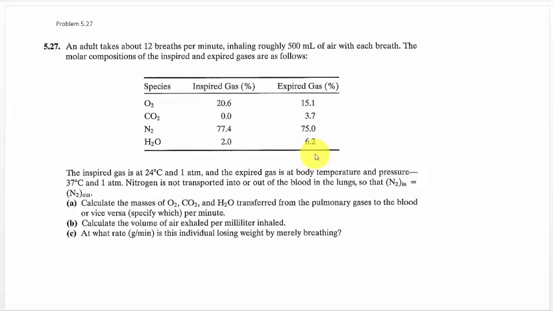Calculate the masses of oxygen, carbon dioxide and water transferred from the pulmonary gases to the blood or vice versa per minute. Calculate the volume of air exhaled per milliliter inhaled. At what rate is the individual losing weight by merely breathing?